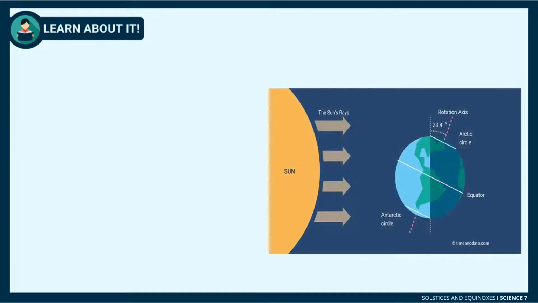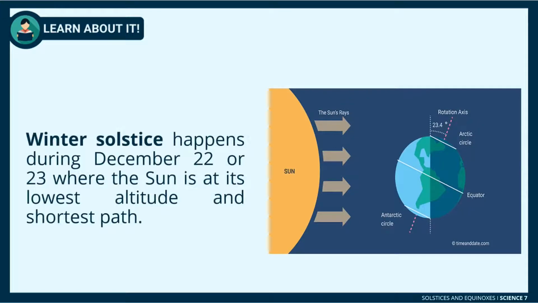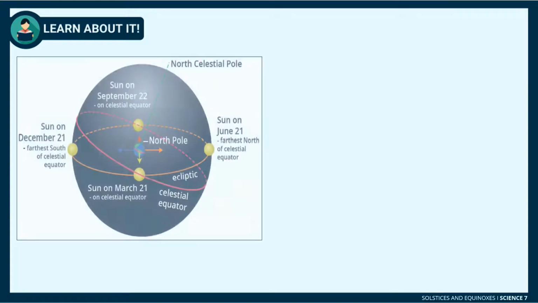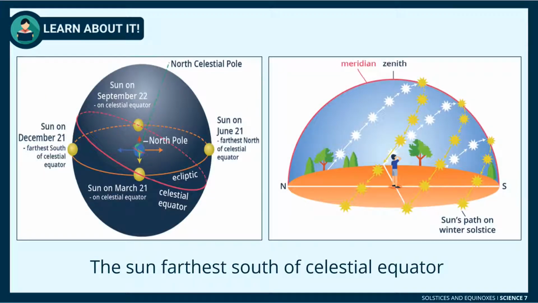Winter solstice is a type of solstice that occurs on either December 22 or 23. On this date of the year, the South Pole is tilted towards the Sun, allowing the Tropic of Capricorn at 23.5 degrees south to receive direct solar radiation with the shortest path. The Sun's position in the sky during this event is farthest south of the celestial equator.